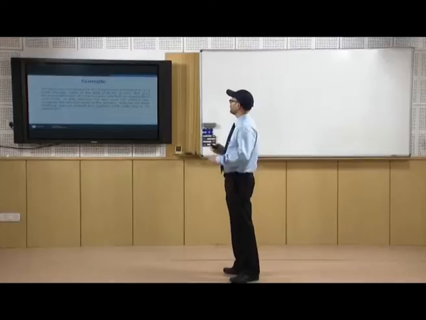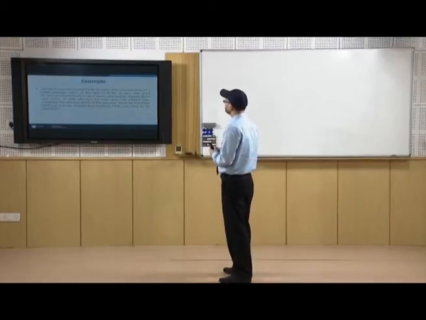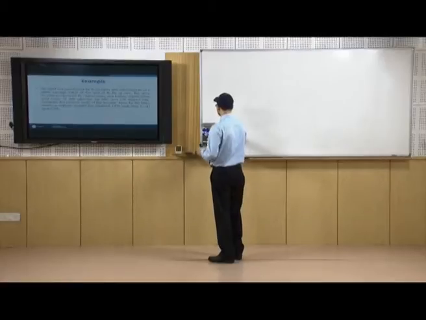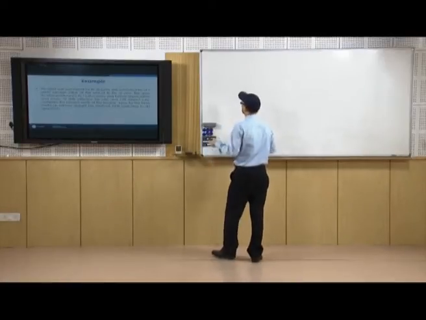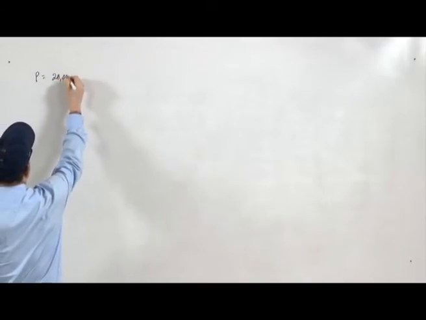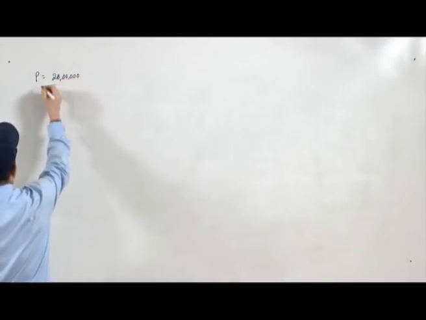We are going to discuss a problem in which an asset is purchased for rupees 20 lakhs with an estimated life of 5 years and a salvage value of 0 at the end of its life. So the first cost of the asset is 20 lakhs and life is 5 years.